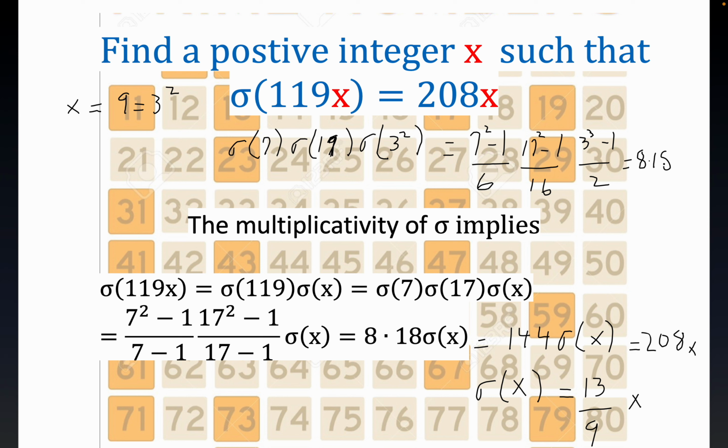Okay, now what do we have here? 3 cubed is 27 minus 1 is 26. So it would be 8 times 18 times 13. Now, 8 times 18 times 13 is hard to do in your head, but it's 1872.